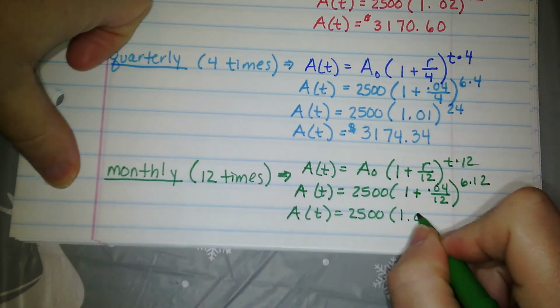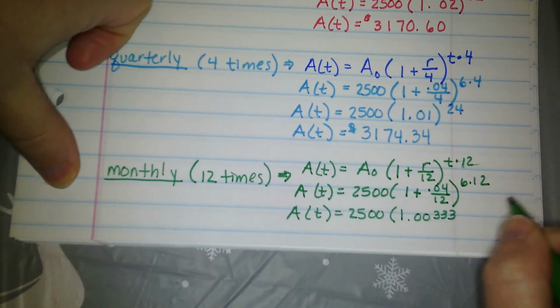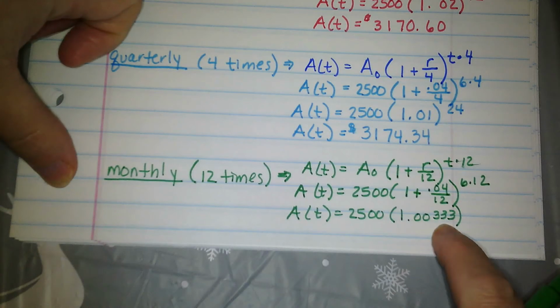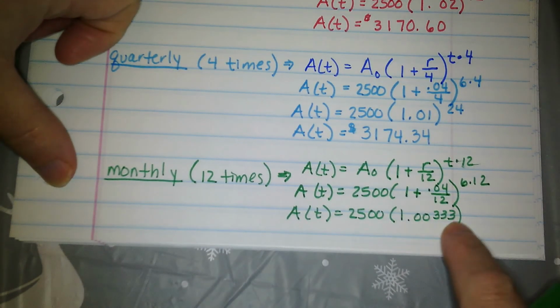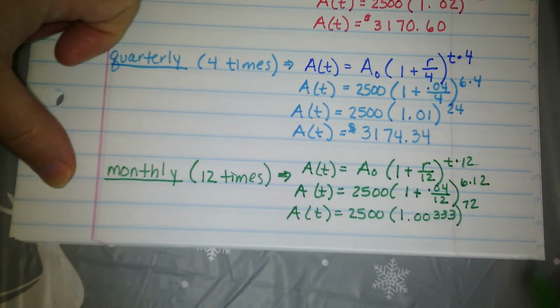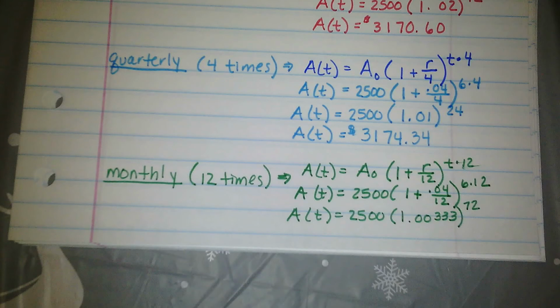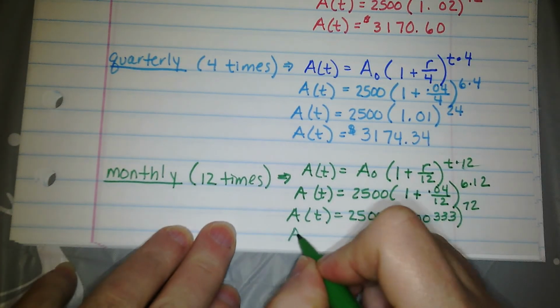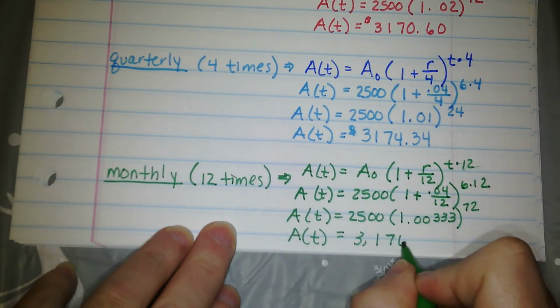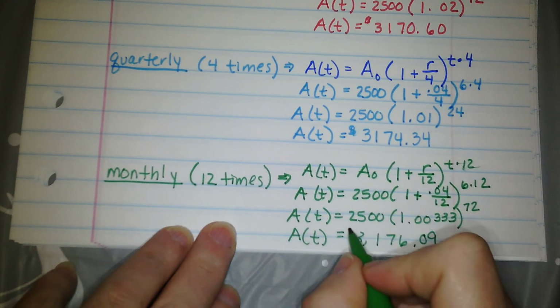This is 1.00333. We can probably go out that far. Don't just leave it 1.00 because that's not quite accurate. This is 1.0033 with a whole bunch of 3's repeating, to the 72. $3,176 and 9 cents. Huh.